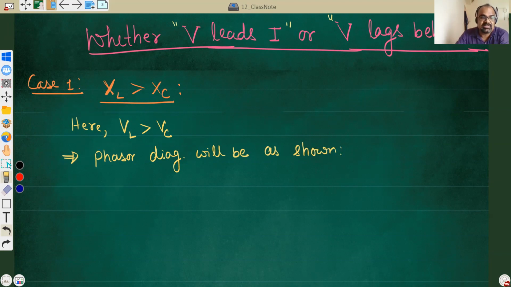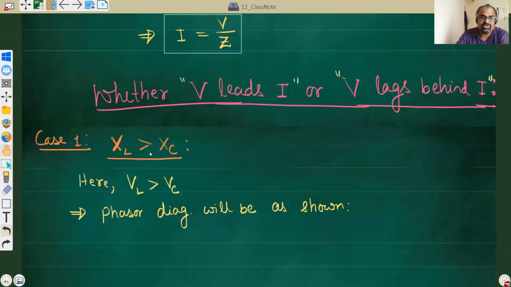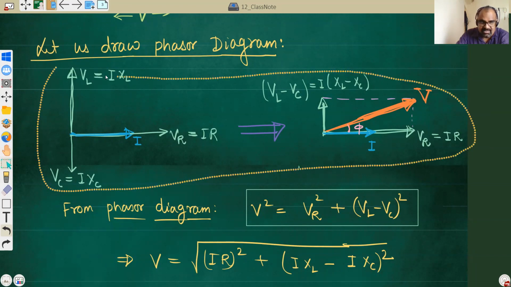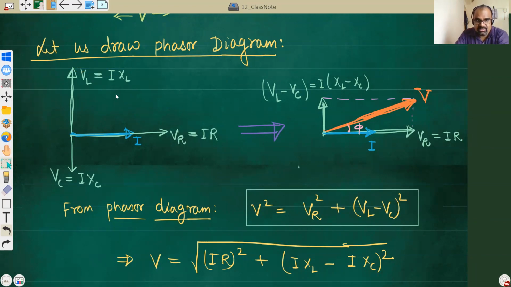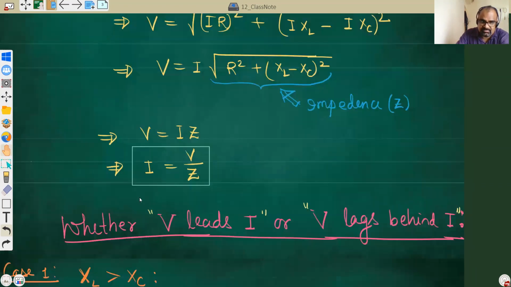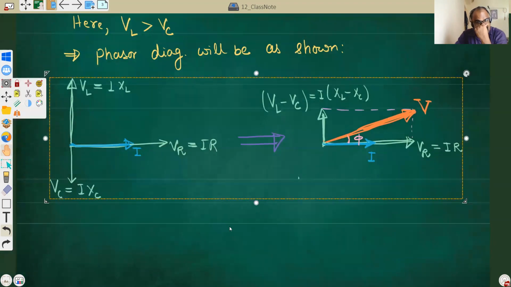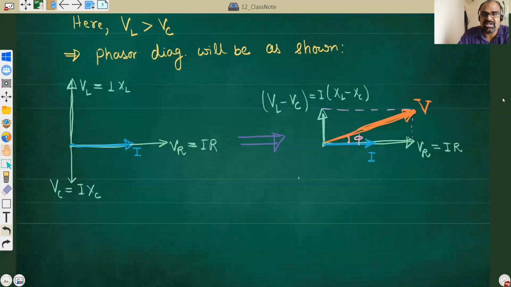Now this phasor diagram is actually exactly the same as this phasor diagram, so I am going to copy paste this diagram. Because even in this phasor diagram, I had taken VL greater than VC only. So why unnecessarily should I do the same thing twice? So this is how the phasor diagram will look.